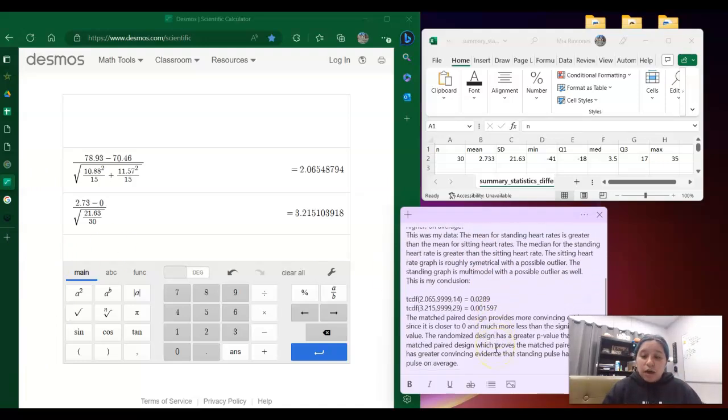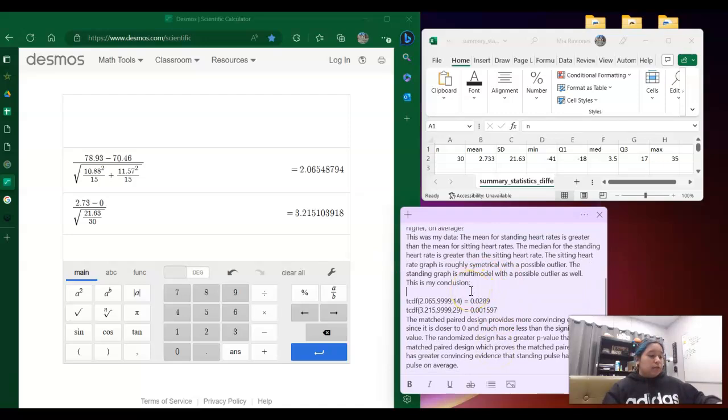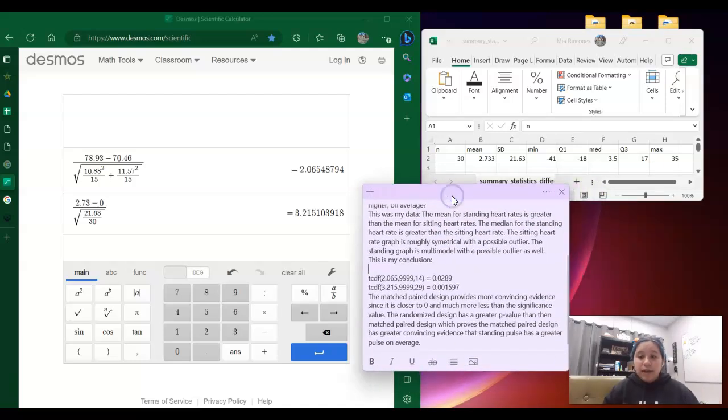So when we look, what does this actually mean? And I do have one last problem or question here that was given to me. Which design provides more convincing evidence that standing pulse rates are higher on average than sitting pulse rates? Well, when we compare the completely randomized design and the matched pairs design, we can actually see that the matched pairs design has a p-value that is much closer to 0, and it is much less than the significance value.